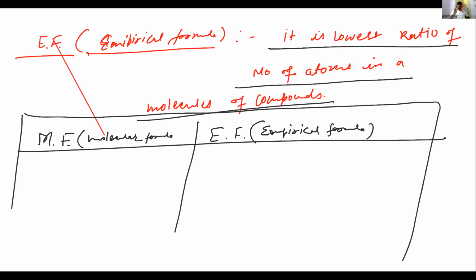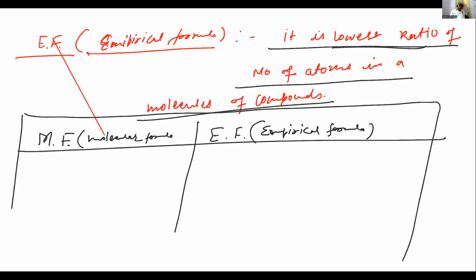A molecular formula gives the exact number of atoms in a molecule of compound. Empirical means the lowest ratio of atoms.